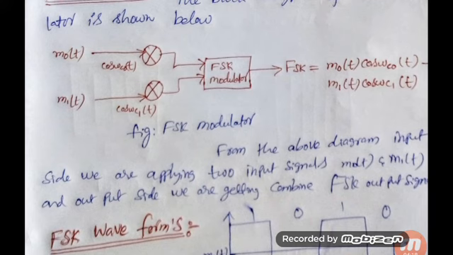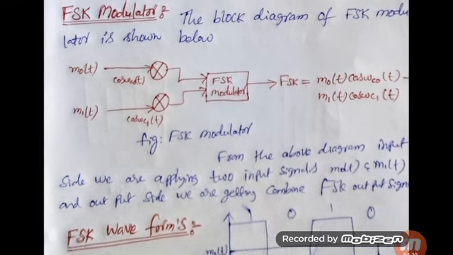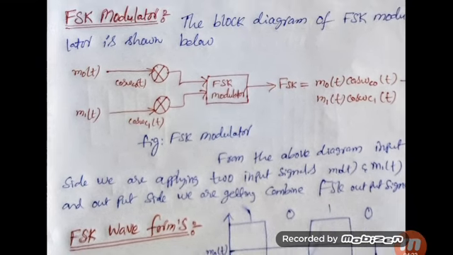From the above diagram, on the input side we apply two input signals, m0 of t and m1 of t, and on the output side we get the combined FSK output.